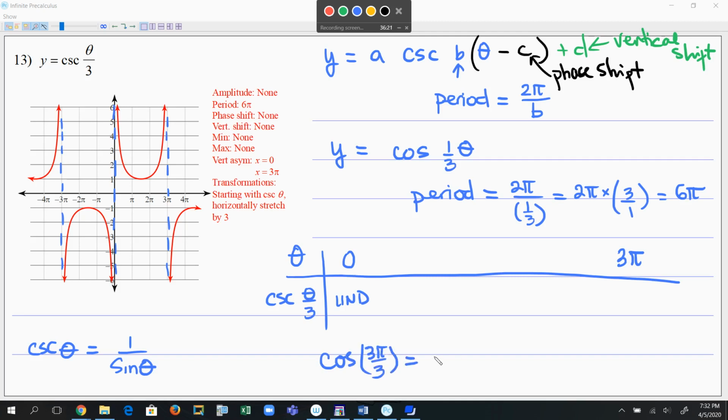So that will give us cosecant of pi. Cosecant of pi, again, will be undefined. So therefore, that will be our vertical asymptote.